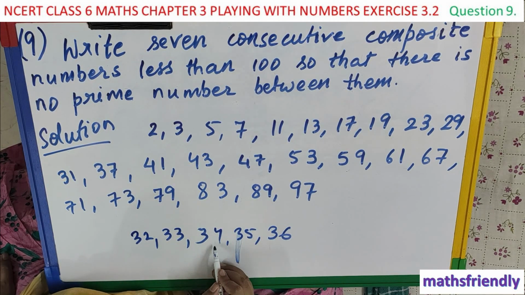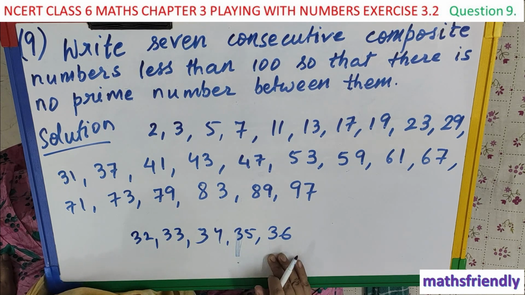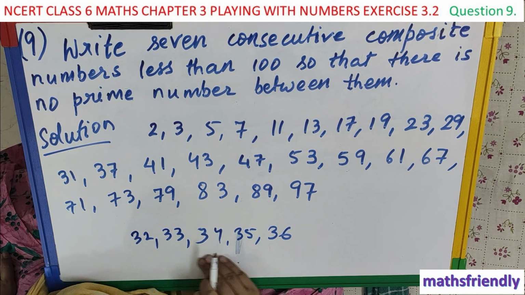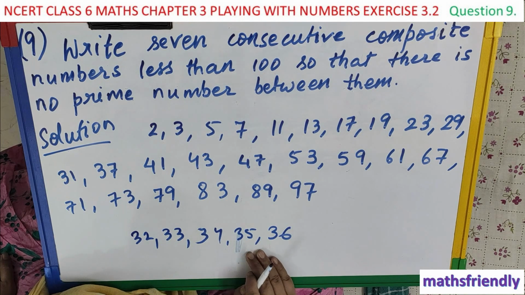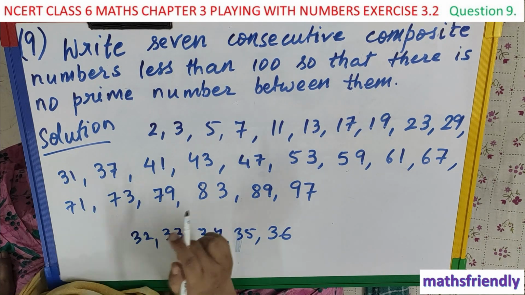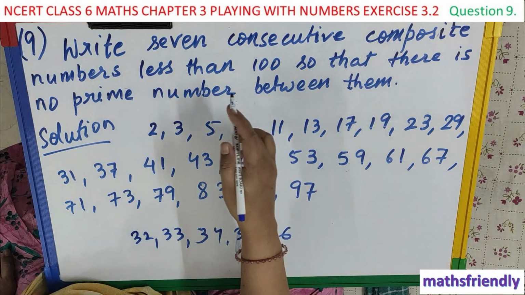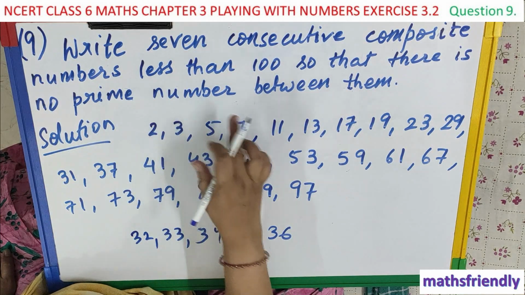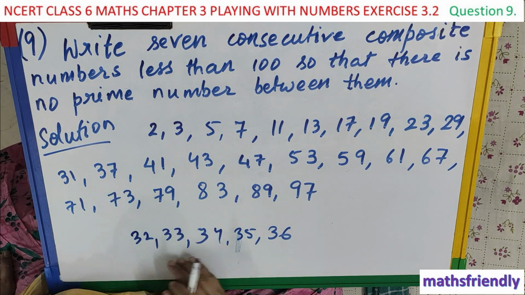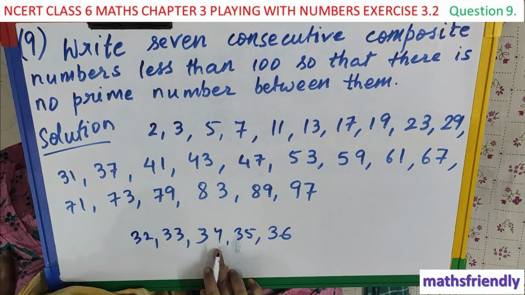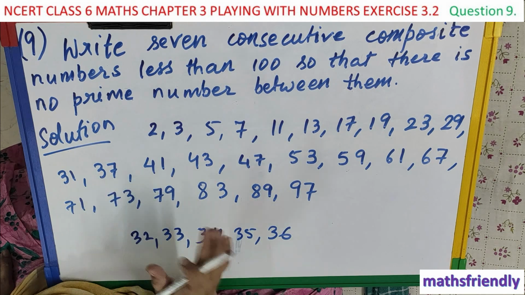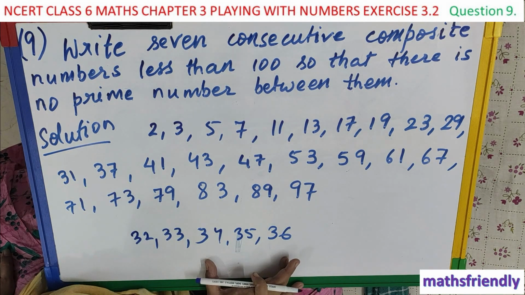So we have 1, 2, 3, 4, 5 consecutive composite numbers between 31 and 37, but we have to write 7 consecutive composite numbers. Okay, and there should not be any prime number between them, but the 6th number is a prime number. We want 7 consecutive composite numbers, right?